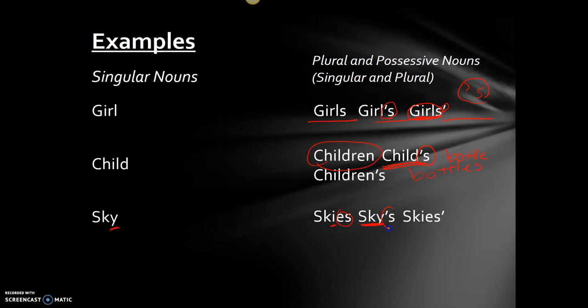Okay, but the sky owns something. So we add that. Remember that formula: noun plus apostrophe s equals that possessive noun. Now in this one, we are taking the plural form, and then we just add that apostrophe at the end. So you need to remember this apostrophe for when we make things possessive.